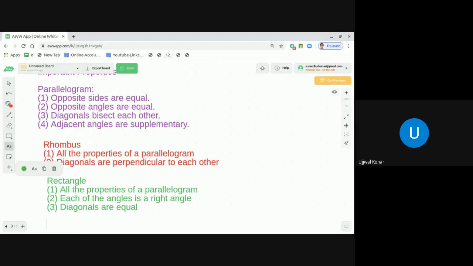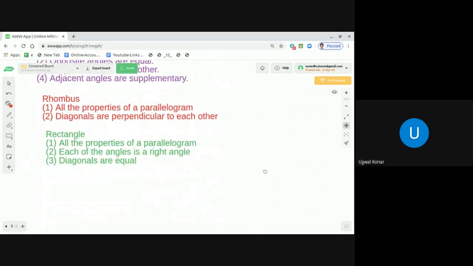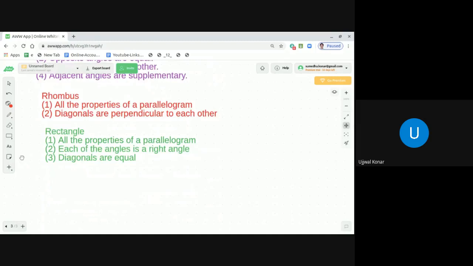So if someone asks you what is a parallelogram, you can tell all these 4 points: opposite sides are equal, opposite angles are equal, diagonals bisect each other, and adjacent angles are supplementary. Then what is a rhombus? You can say all the properties of a parallelogram, and on top of it, the diagonals are perpendicular to each other. Similarly for the rectangle.